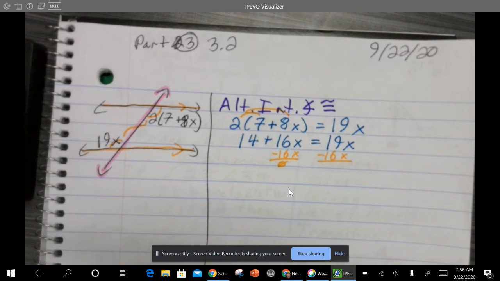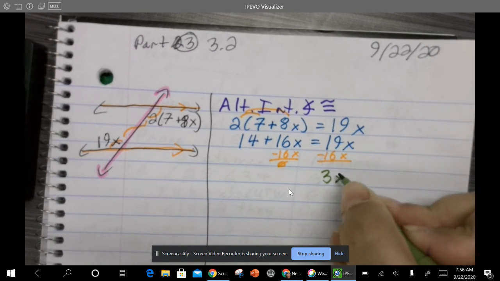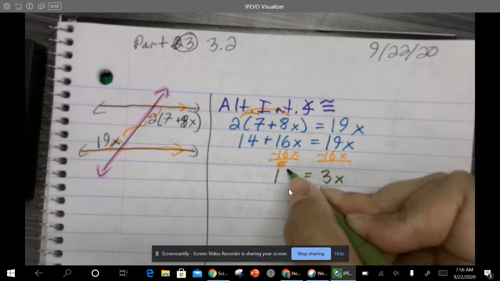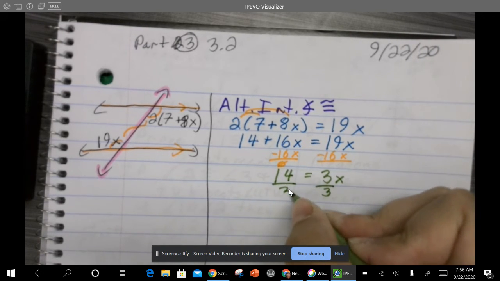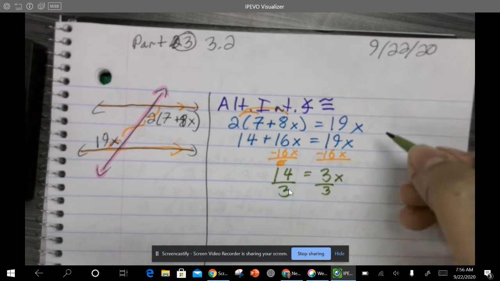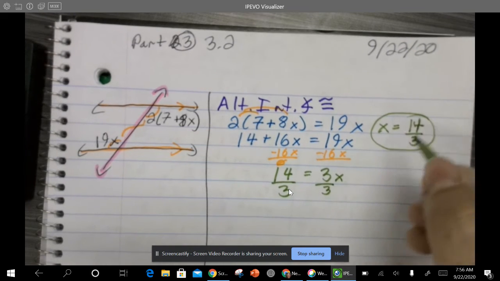Okay, we subtract it. 19 minus 16 is 3x, which is equal to 14. Divide each side by 3. Okay, and we get x is equal to 14/3. And we can leave it like that.